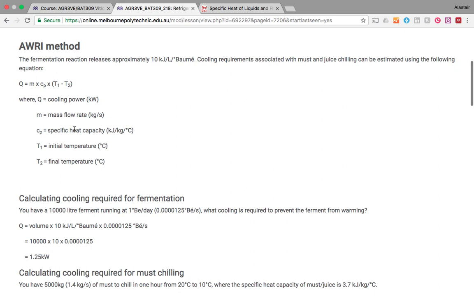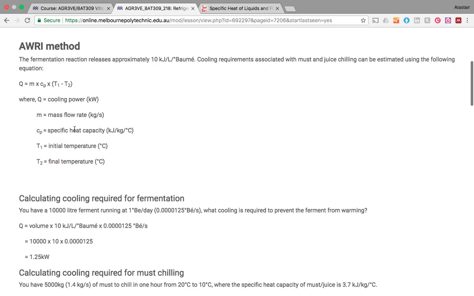So for every litre fermenting 1 Baumé, it gives off 10 kilojoules of energy, and we multiply it by the fermentation rate, which is 0.0000125 Baumé per second. So we've got the amount of energy given off per litre, we've got the volume in litres, so we can see the kilojoules per Baumé, and then we know how many Baumé per second, so we'll be getting the kilowatts. So the joules per second, a joule per second is a watt. So that's fairly simple. We just need the volume, the energy given off, and the Baumé.